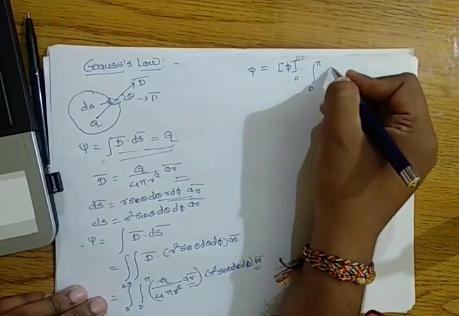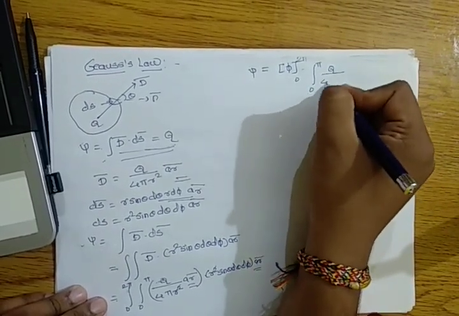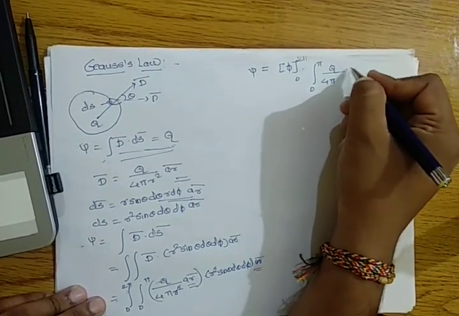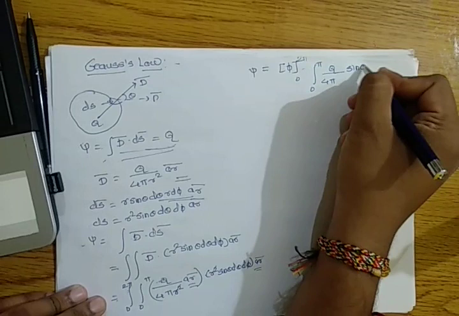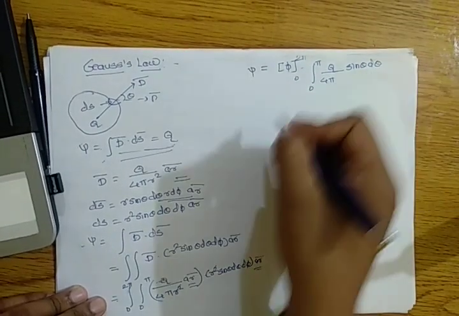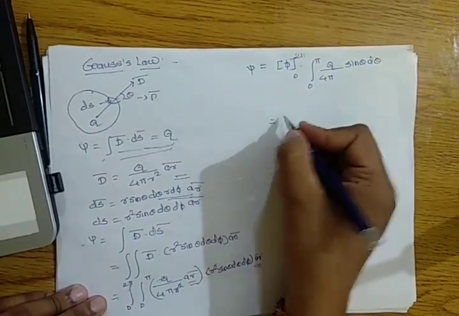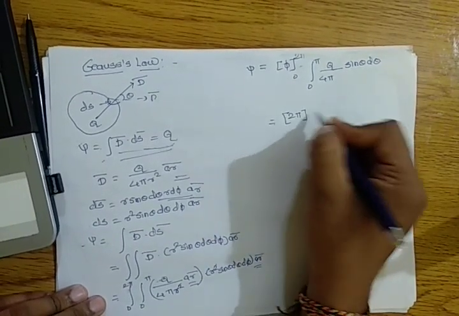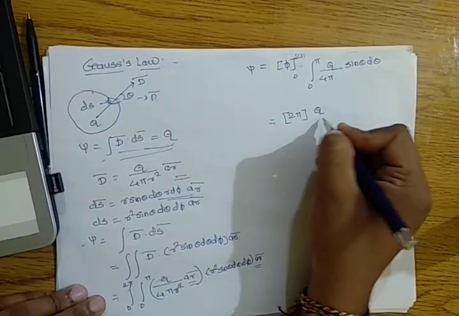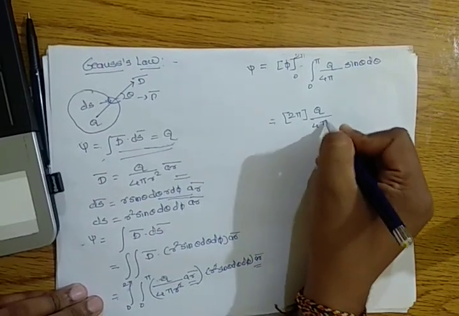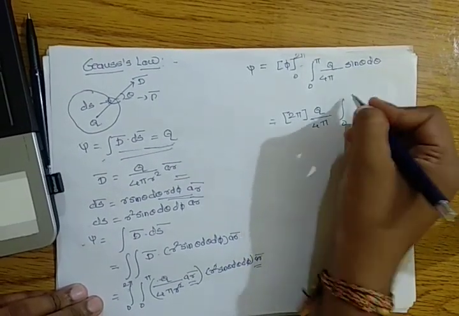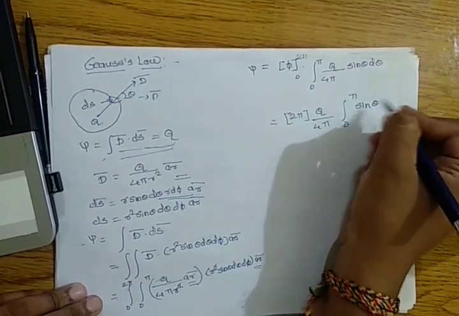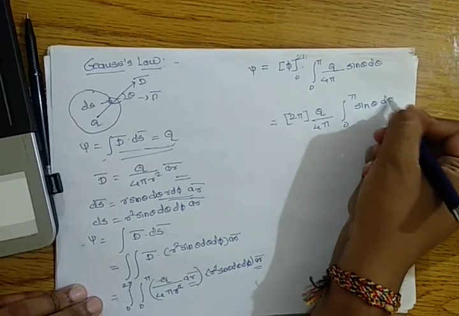So psi is equal to Q divided by 4 pi, integration of sin theta d theta.